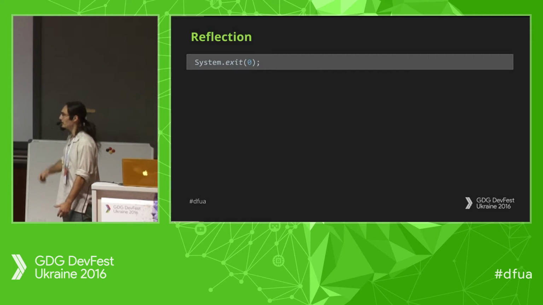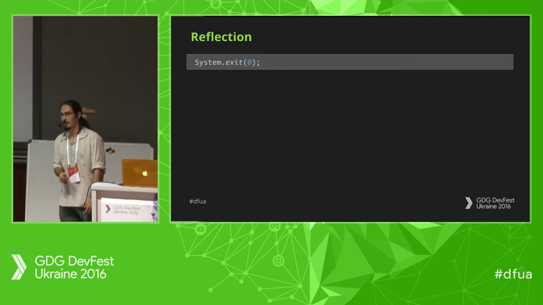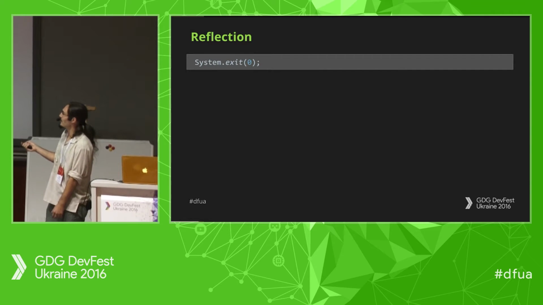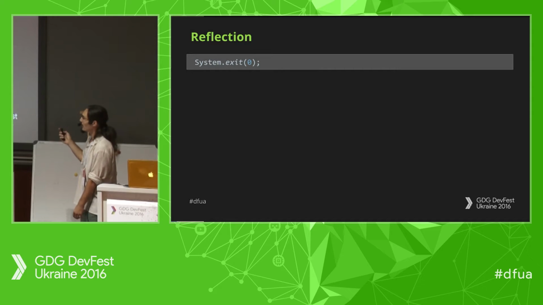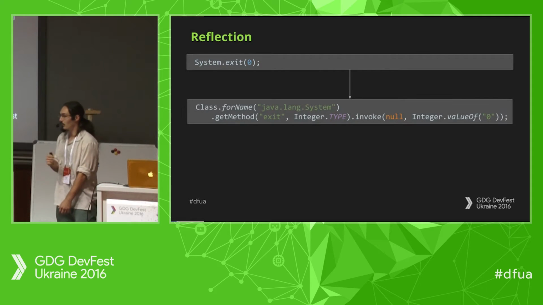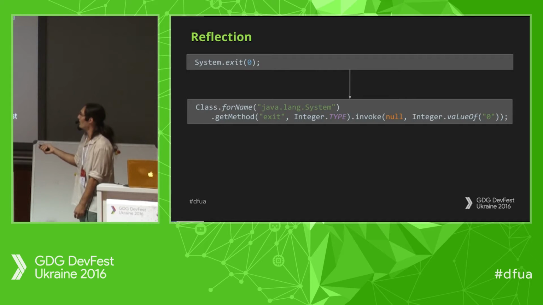And string encryption plays really well with reflection. For example, you try to call system exit method, and you can do this with reflection, with class for name, string name of class, string name of methods, and string form of argument.